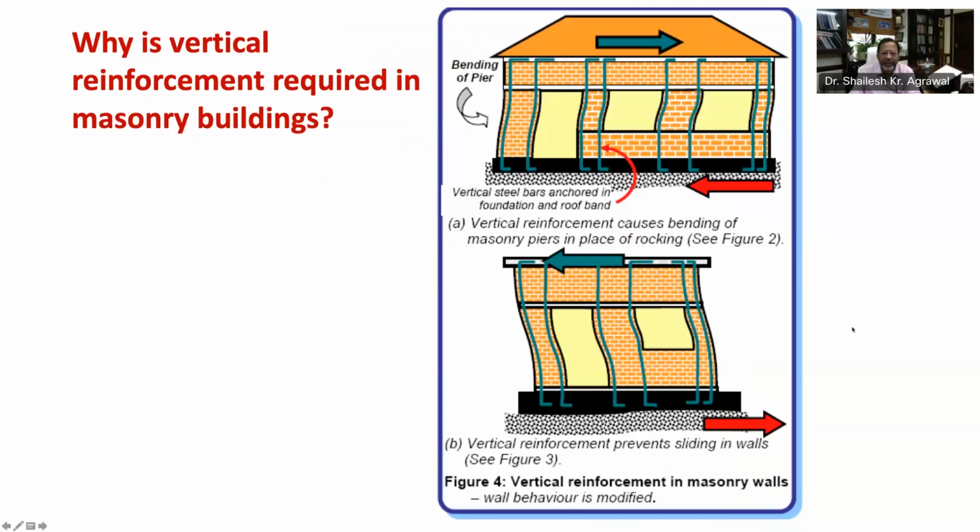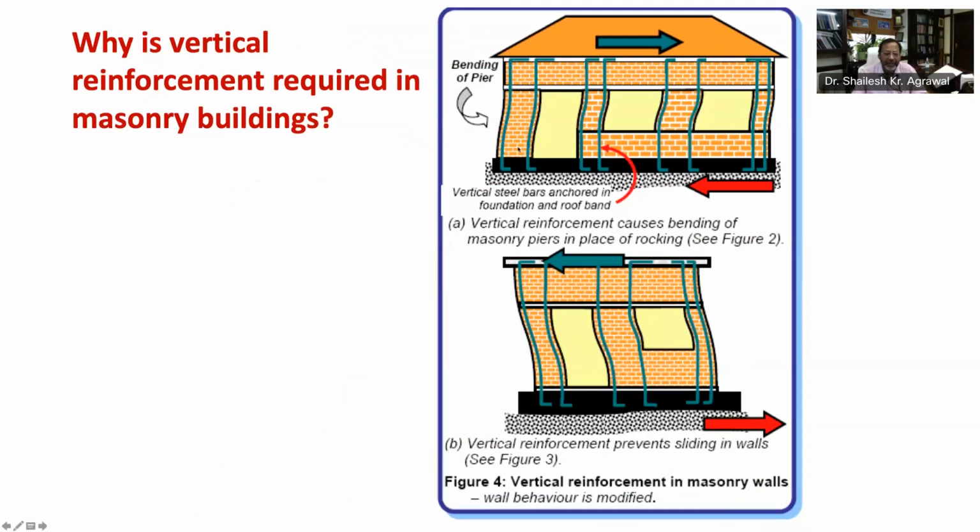As you can see in figure 4, embedding vertical reinforcement bars in the edges of wall piers and anchoring them in the foundation at the bottom and in the roof band at top forces the slender masonry pier to undergo bending instead of rocking and sliding.